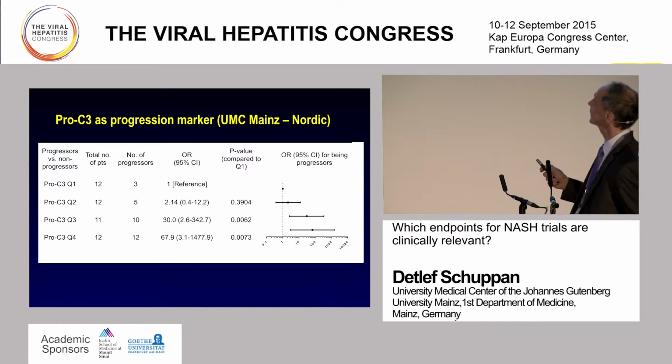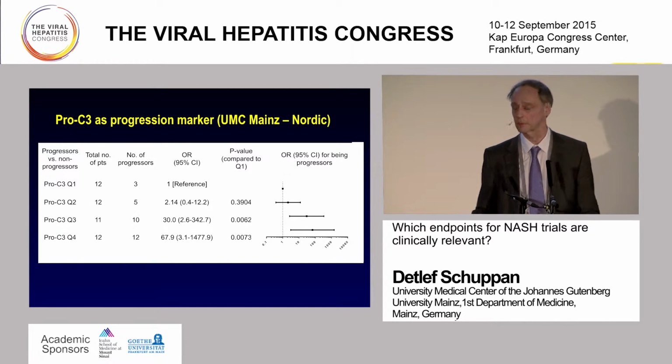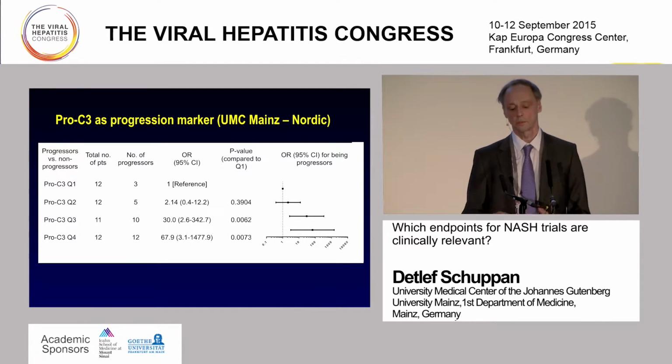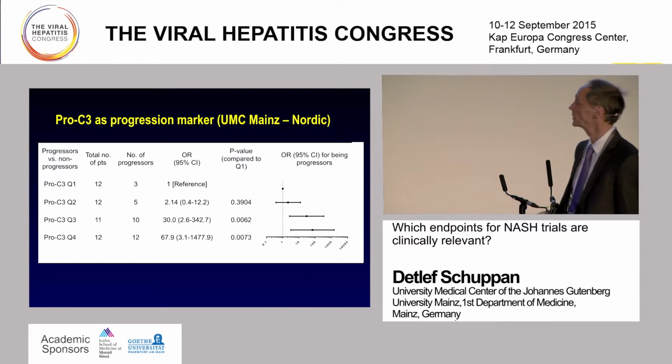And here what we measured was a marker developed by Nordic Bioscience in Denmark. And this is clearly related only to the deposition of collagen type 3, which is one of the major fibrillar collagens in scar tissues in the liver.